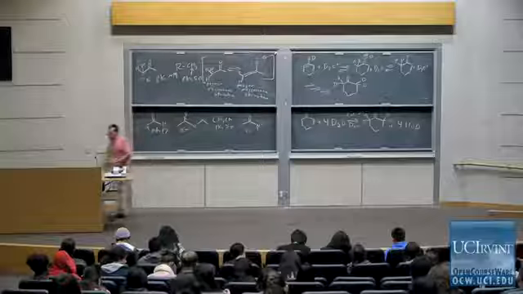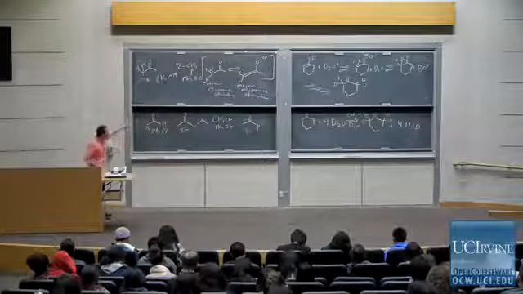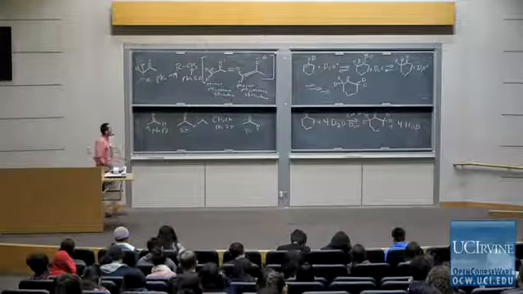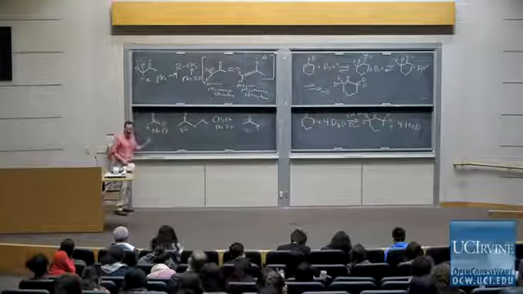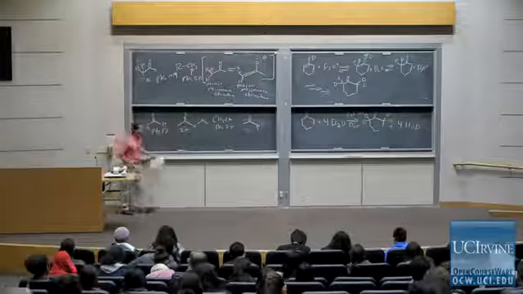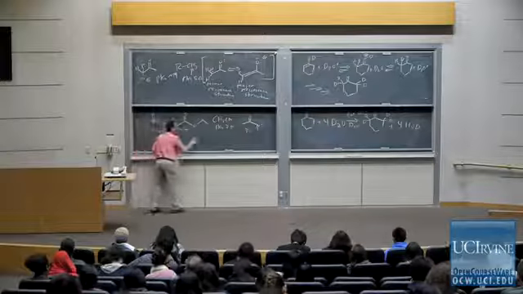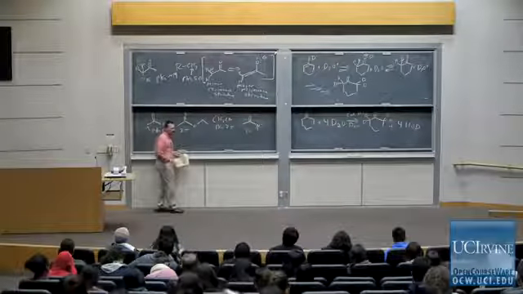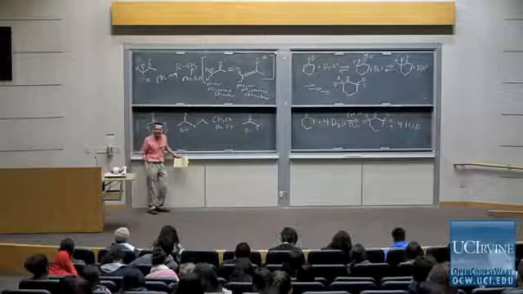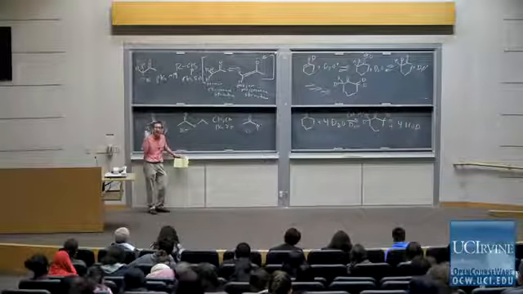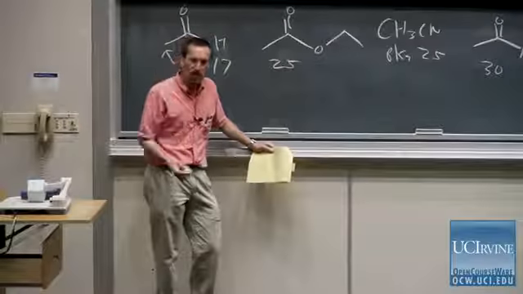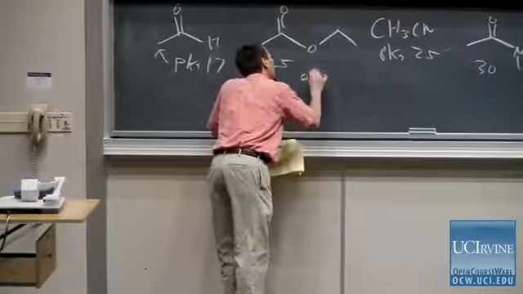And really, these are a lot of details, but the numbers that I keep in my head are as follows. I keep in my head two numbers for all of this. The alpha protons for the ketone and aldehyde family are about pKa 20.